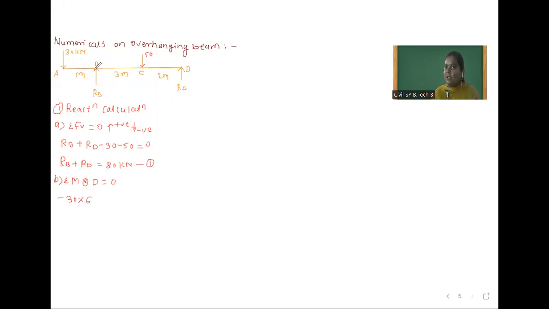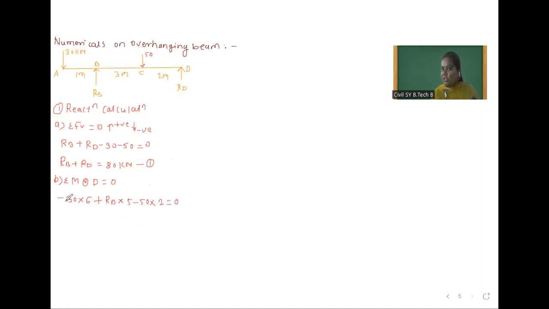After that, RB creates clockwise moment, so plus RB into perpendicular distance 5 meters. Then this 50 creates anti-clockwise, so minus 50 into perpendicular distance 2, equals 0.